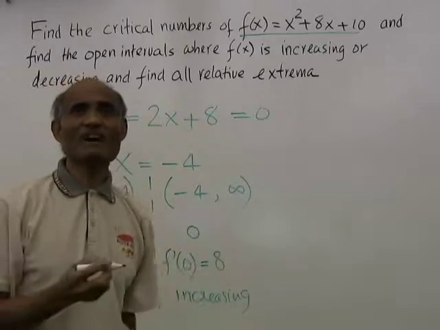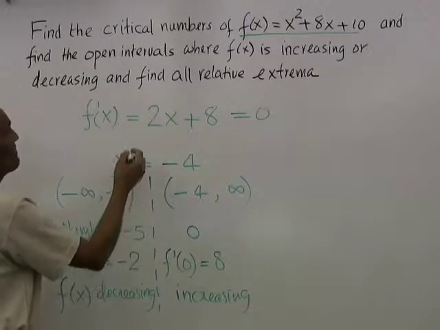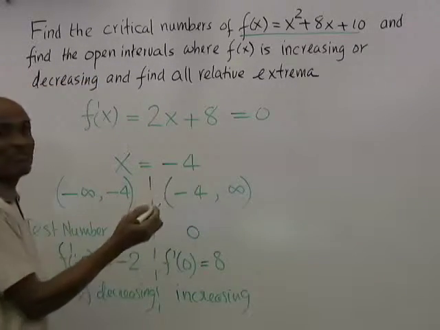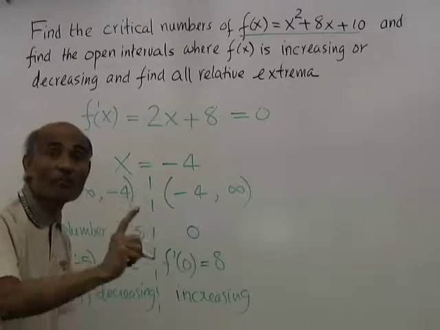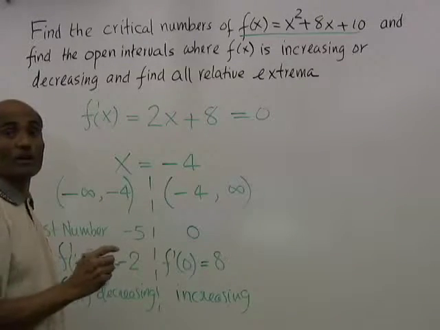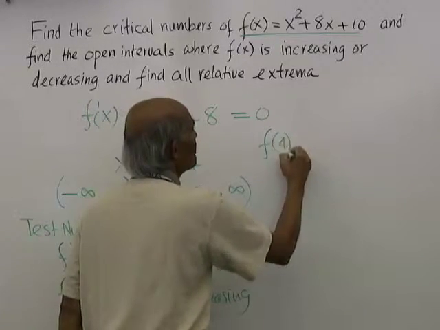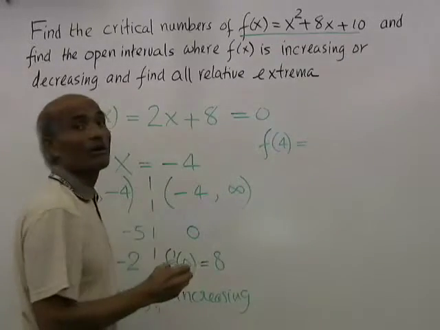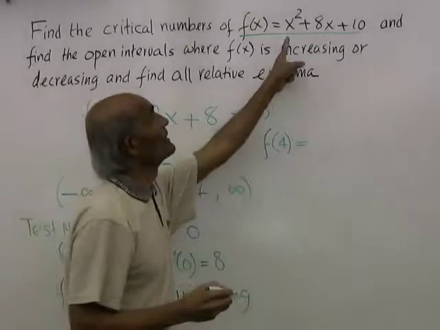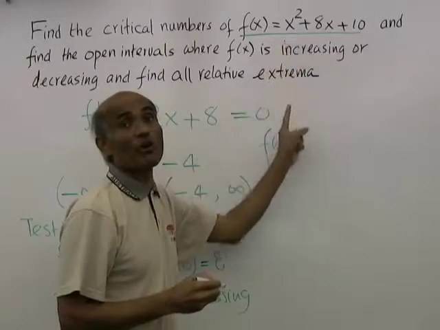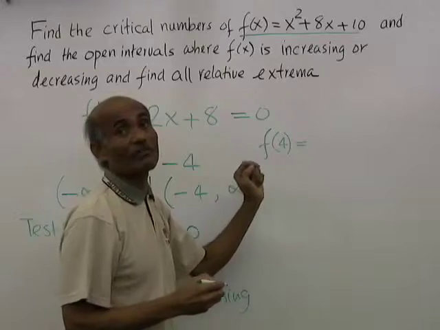And what is that value of the relative minimum? In other words, what is the value of f of -4? Can you do that for me? When x equal to -4, what is the value of that?